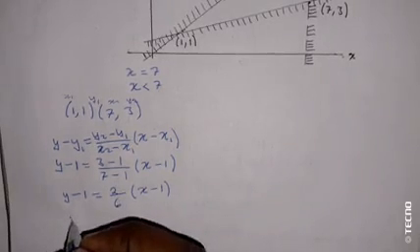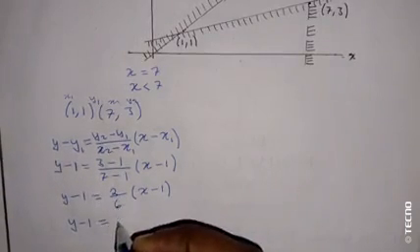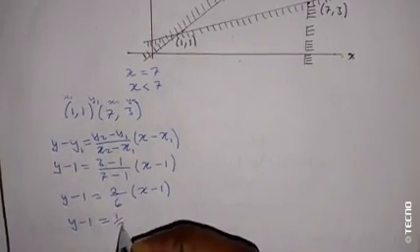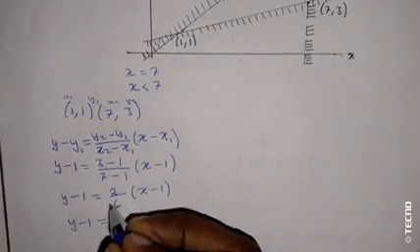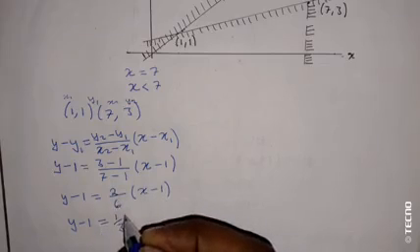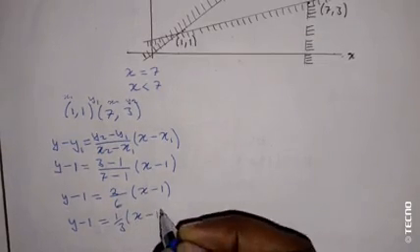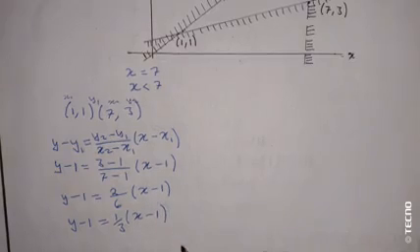So y minus 1 is equal to 1 over 3, because 2 into 2 is 1 and 2 into 6 is 3, open bracket, x minus 1, close.